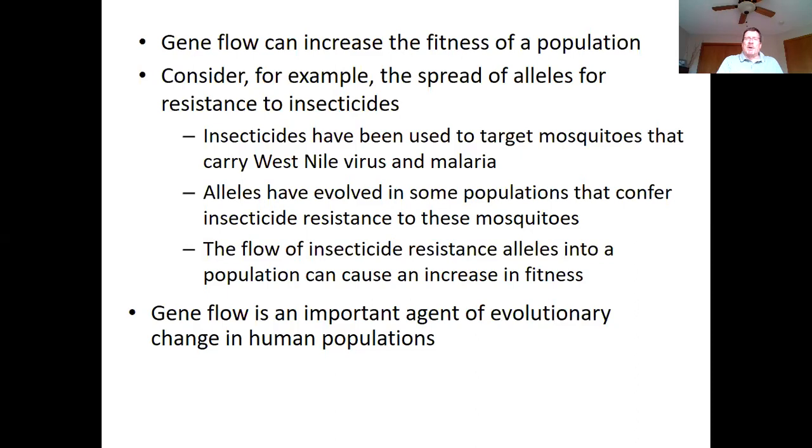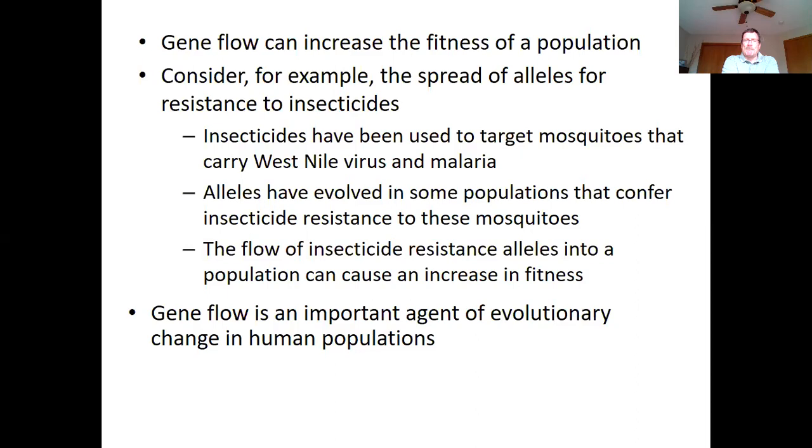Consider, for example, the spread of alleles resistant to insecticides. I don't remember if this is talked about in your book. Insecticides have been used to target mosquitoes that carry West Nile virus and malaria. Alleles have evolved in some populations that confer that resistance to the mosquitoes. Okay. So the flow of those insecticide-resistant alleles can increase the fitness.